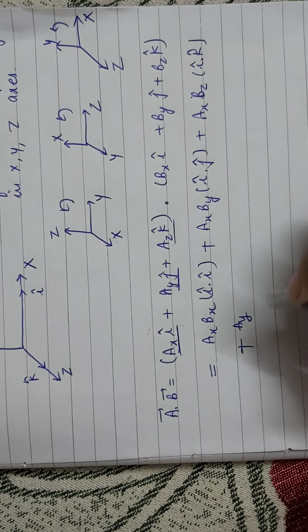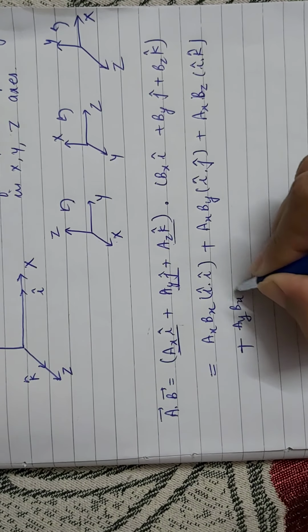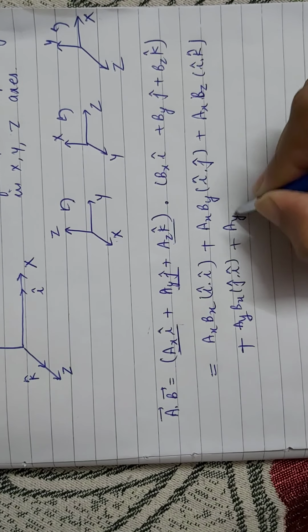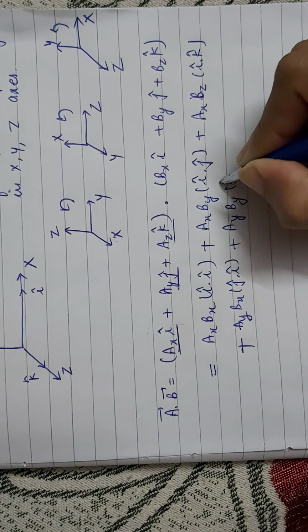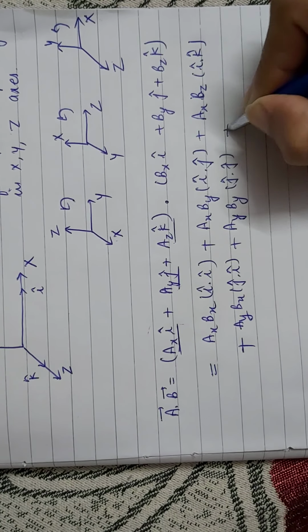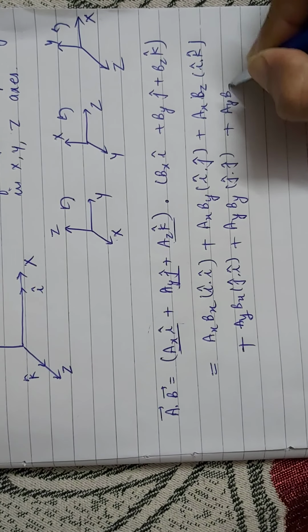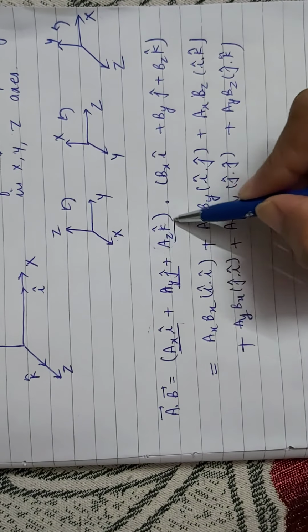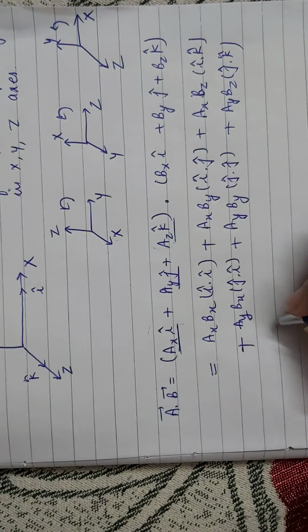So we get ay bx j dot i plus ay by j dot j plus ay bz j dot k. Similarly, this term is going to multiply all three terms.